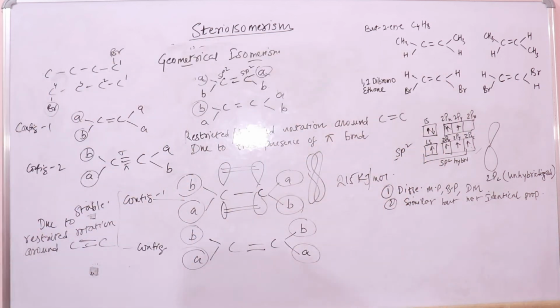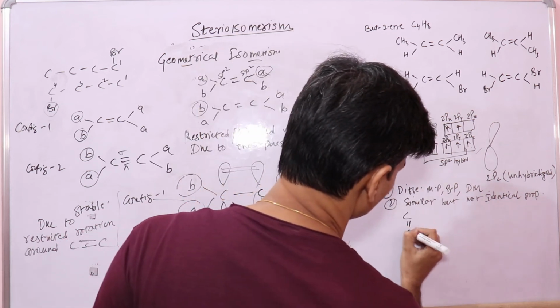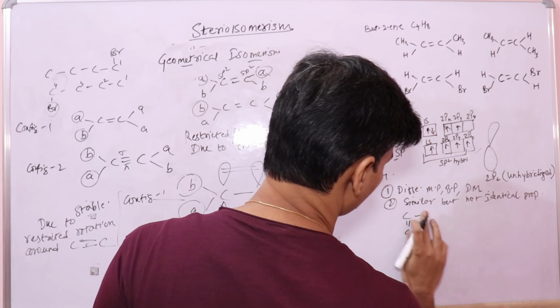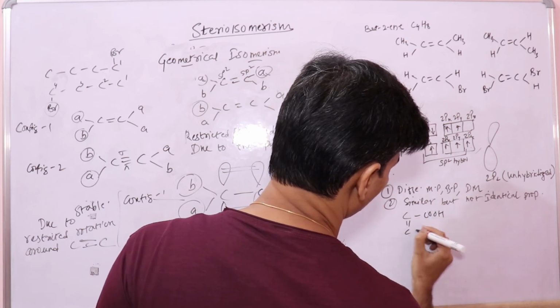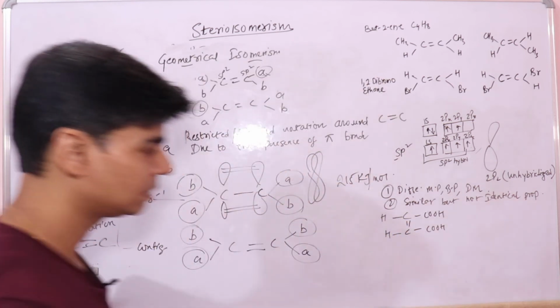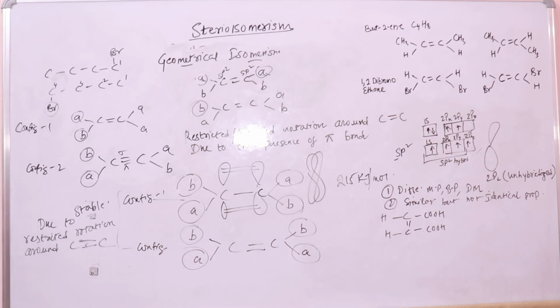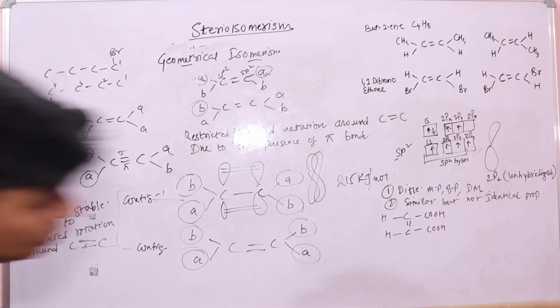What it means is, if I have one type of isomer, a cis isomer, maleic acid, and there is another isomer of this similar compound, which is fumaric acid.